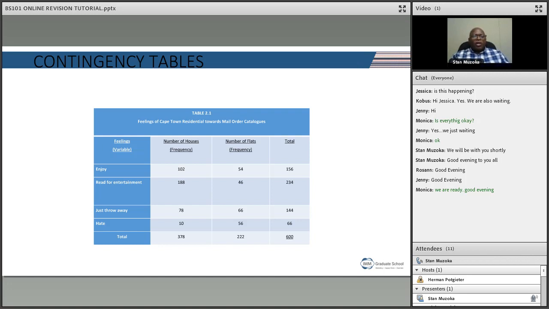Where we say enjoy reading or receiving the mail order catalog, it is 102 for those that stay in houses and 54 for those that stay in flats.